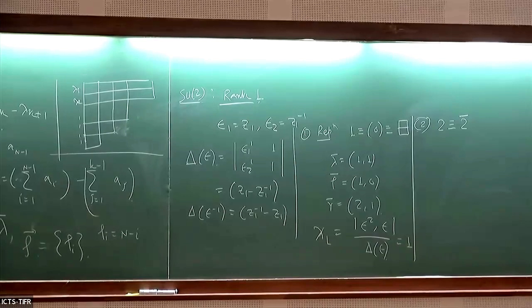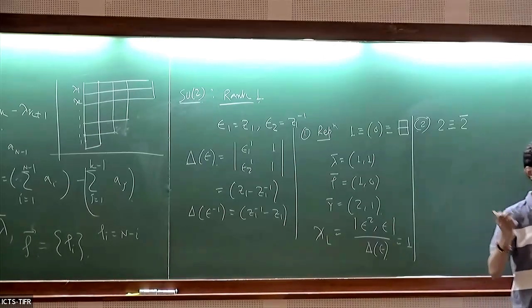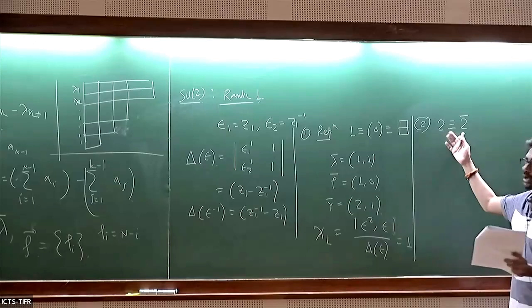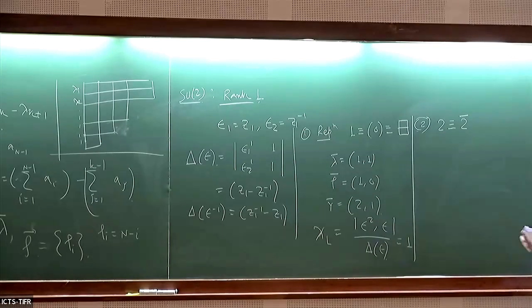If you are really familiar with the Dirac theory, then you must have encountered this thing, right? It's not 2 star, it's i sigma 2 star. That's the 2 bar definition actually, right? So if you take phi 1, phi 2, you have to use i sigma 2 phi 1 star, phi 2 star, and that's what actually gives the correct SU2 transformation, not phi 1 star, phi 2 star. So now this is what our intuition tells, but let's check.